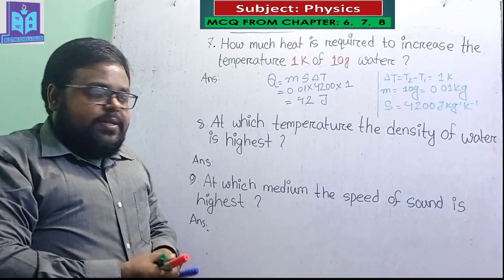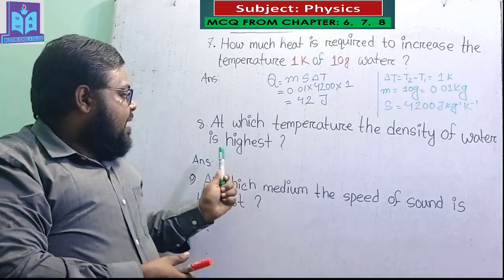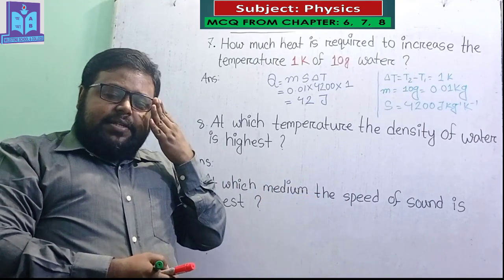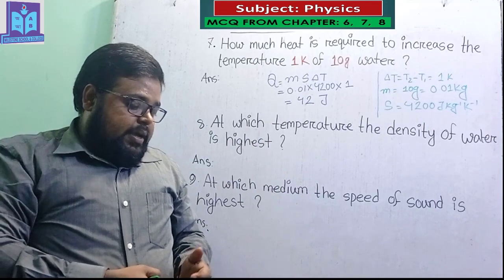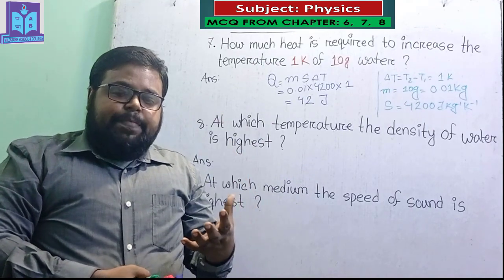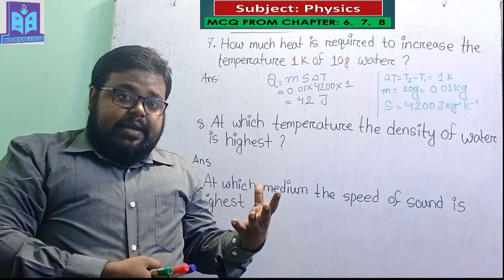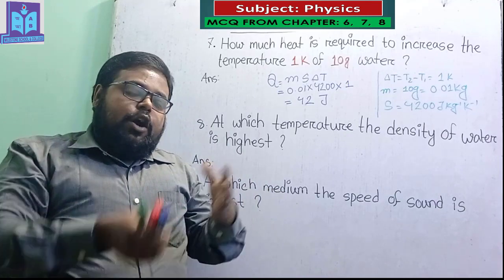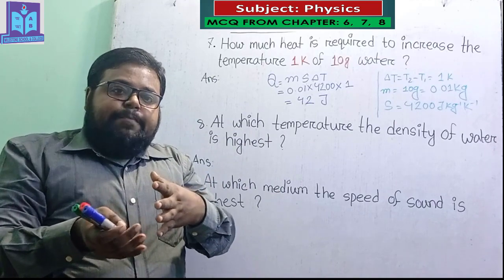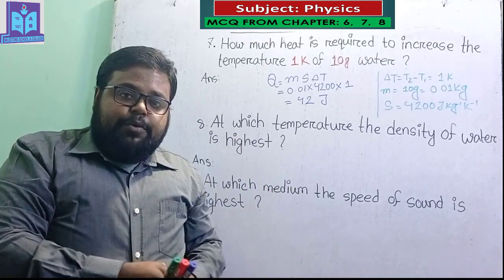Number 8 question is, at which temperature is the density of water highest? Normally, for a specific mass of an object, if you increase the temperature, the volume will increase, and that's why the density of the object will decrease, because the relation between density and volume is inversely proportional.